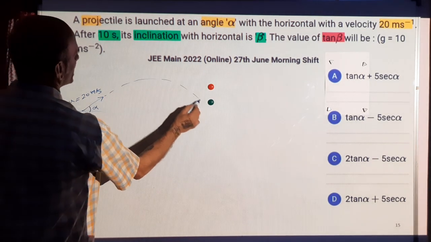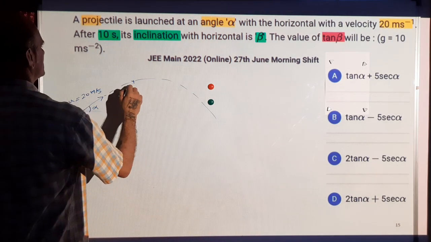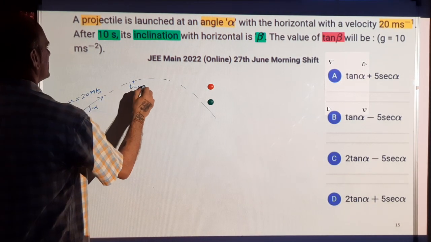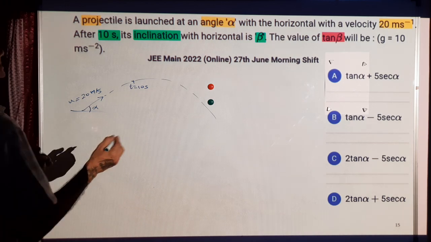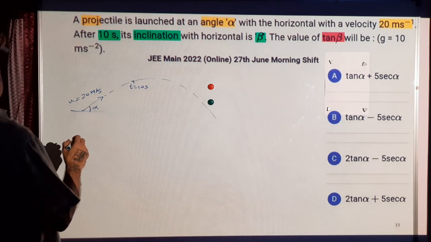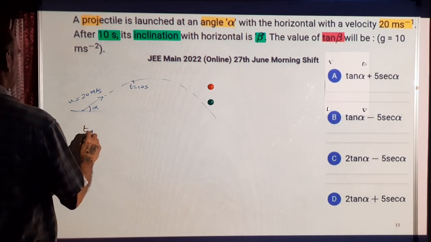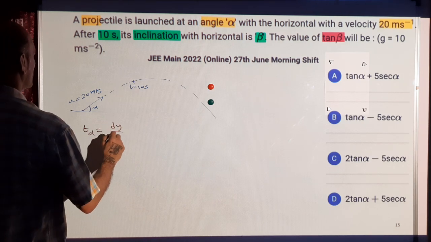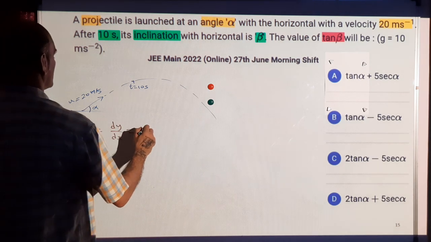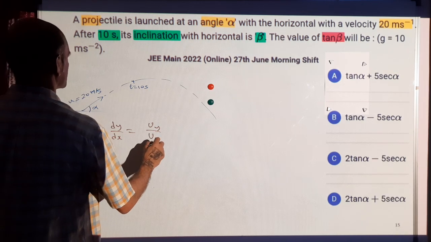So it takes a parabolic path. At 10 seconds, it will be somewhere here. The inclination, the initial inclination, is tan alpha, which is dy by dx, which is the same as vy by vx at any time.